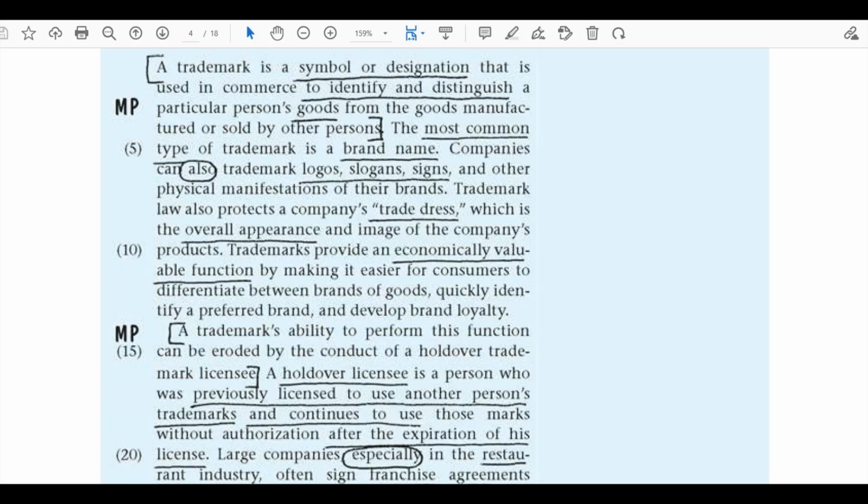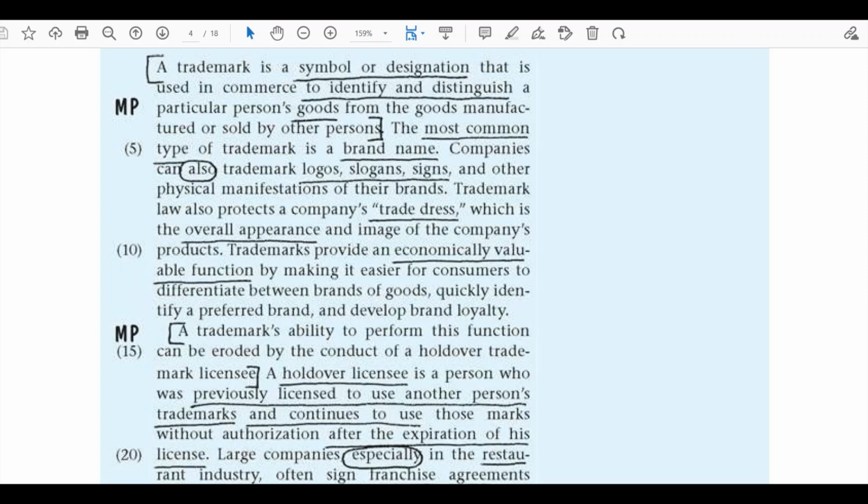Next, a reading passage with the main points. A trademark is a symbol or designation that is used in commerce to identify and distinguish a particular person's goods from the goods manufactured or sold by other persons. The most common type of trademark is a brand name. Companies can also trademark logos, slogans, signs, and other physical manifestations of their brands.